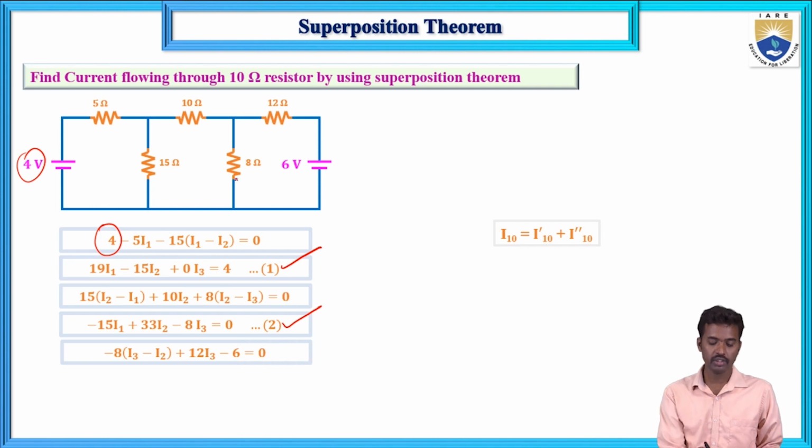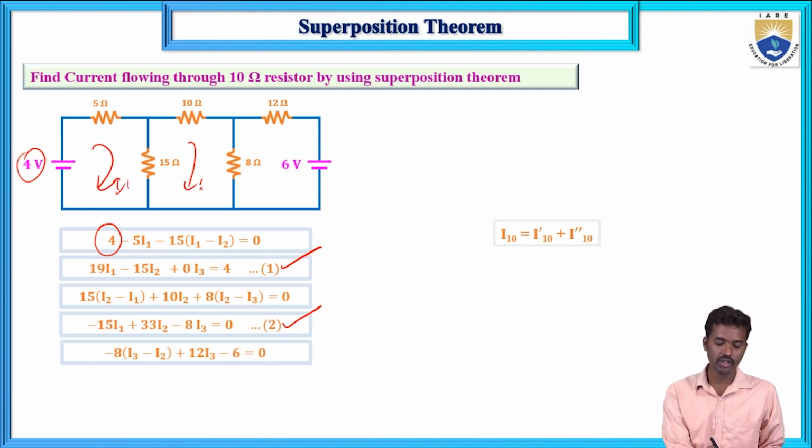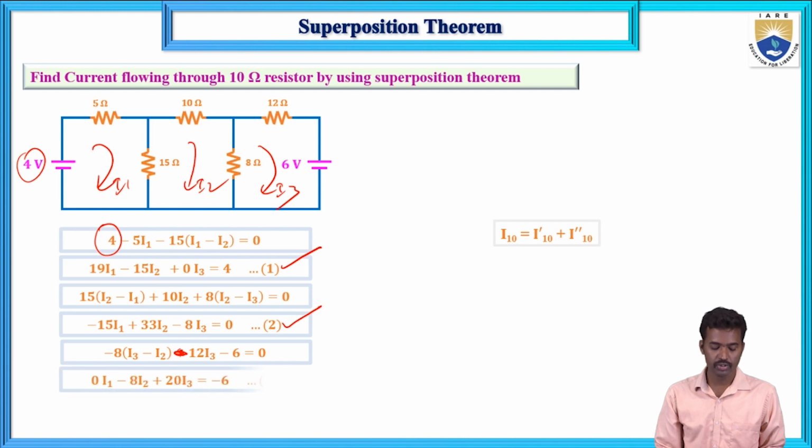And if you apply KVL in the third mesh, minus 8 I3 minus I2, and this resistive drop 15, this is minus, and this is plus to minus 6. So 0 I1 minus 8 I2 plus 20 I3 equals minus 6. Equations number 1, 2, 3.